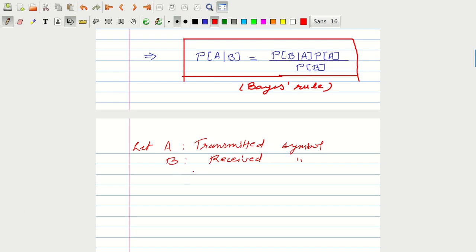It is usually known that if A is transmitted, what is the probability of receiving B? And the communication problem is to find out the probability of transmitting A if B has been received. So in that situation, Bayes theorem is useful.